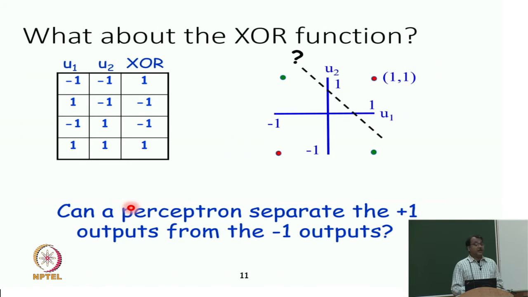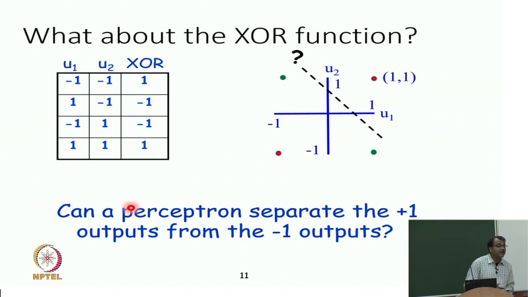So, can we compute it using a perceptron? What do you think? Yes, Sukriti. We cannot do this with a perceptron, she says. Why can we not do this with a perceptron? Because you are using a term which we haven't defined, but that's a correct term.